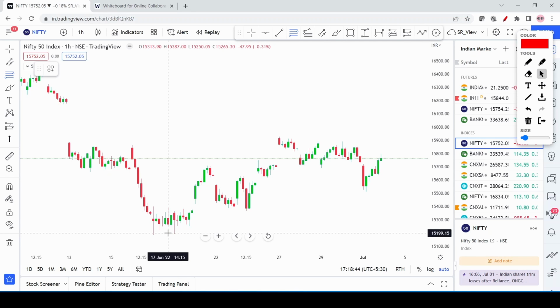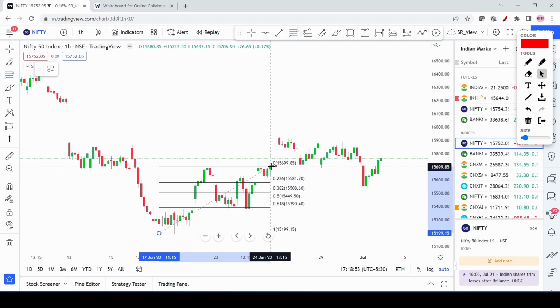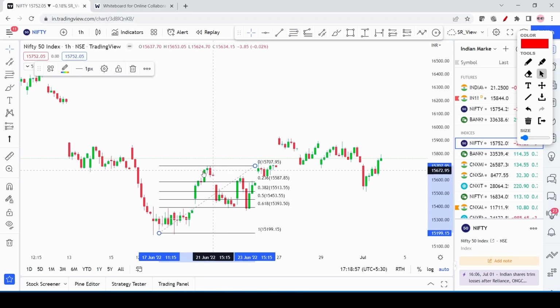We can see this is the low formed on 17th June, and let me start the Fibonacci levels, to see how much it retraced from the recent low to the recent high. The recent low is 15,191, and from there it rallied till the 15,699, 700 range, and from there we can see it retraced exactly 61.8%.